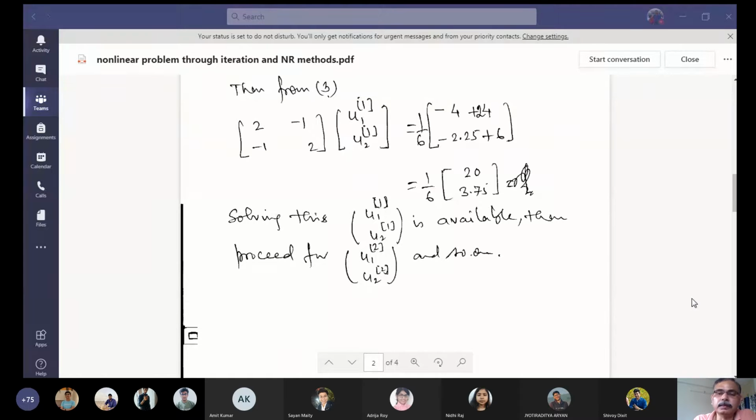If it is possible to get the solution of this type, then you will be a little closer, and like that. So if you proceed this way, you can get your initial guess closer and closer, up to whatever extent you can solve that linear differential equation which you are getting from the non-linear differential equation. Is this clear to everybody?